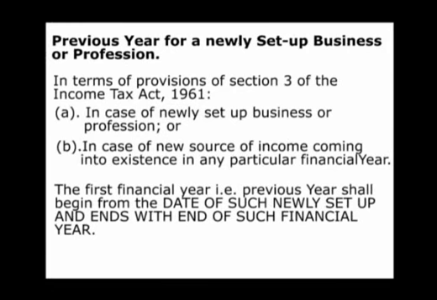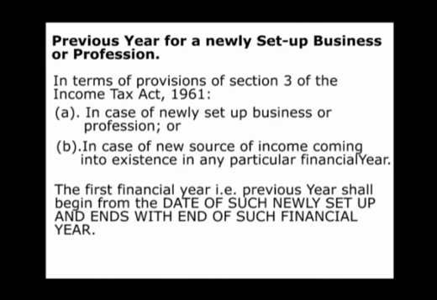Now we'll try to understand the previous year for a newly set up business or profession. How does the previous year start for a new business which a person is going to start?